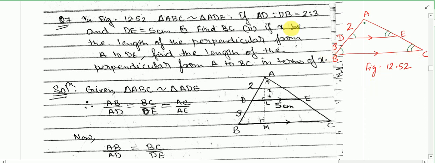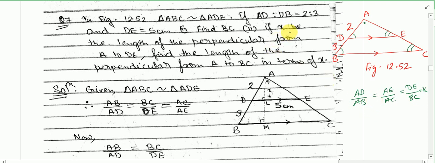So since ADE is similar to ABC, you get sides proportional. I can write AD upon AB is equal to AE upon AC is equal to DE upon BC is equal to K, a constant.